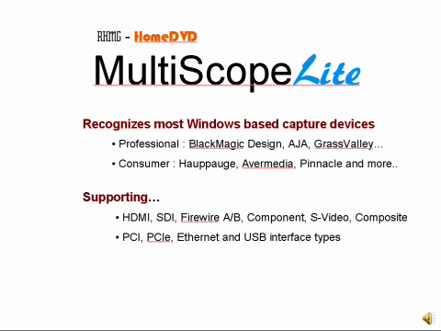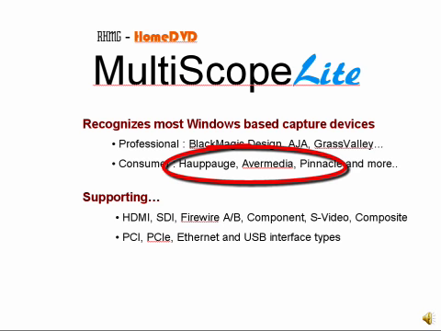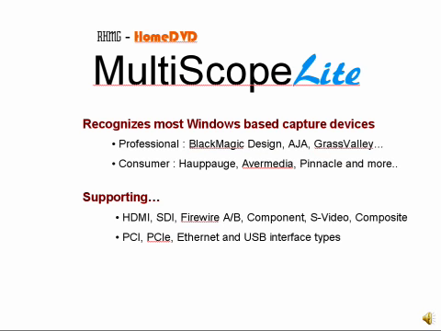This includes well-established professional capture devices from Blackmagic Design, AJA, Grass Valley, just to name a few, or other well-known consumer products from Hauppauge, AVerMedia, Pinnacle, Logitech, and others. And of course, these imaging devices could have input interfaces like HDMI, SDI, FireWire, or even the older standard analog inputs, all of which will work with MultiScopeLite.